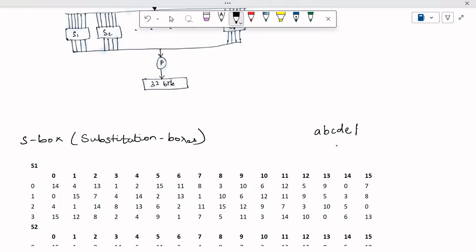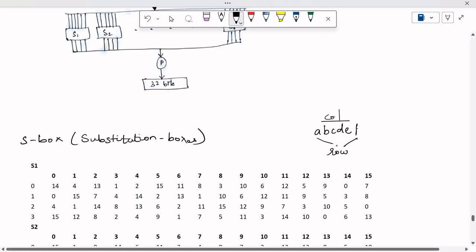Which 2 bits represent the row? The first and the last bit are used to represent the row, and the intermediate middle 4 bits are used to represent the column. Right? Okay.